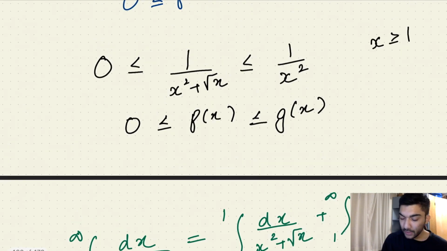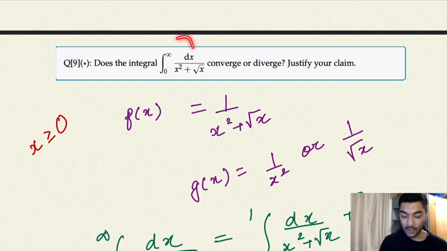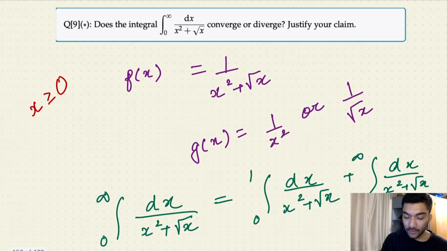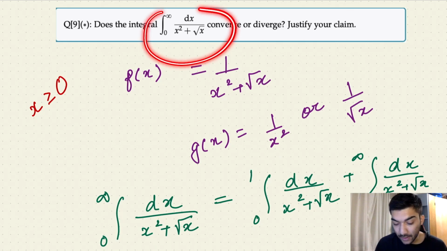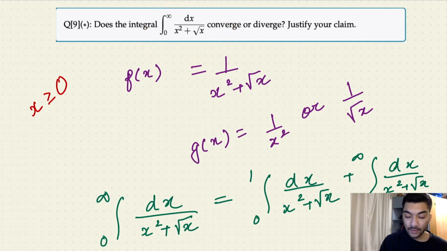So since both of these integrals converge, it means that our original function integral also converges. And that is what we concluded by only using the comparison test and not solving this improper integral over here and then finding a solution to it, right?